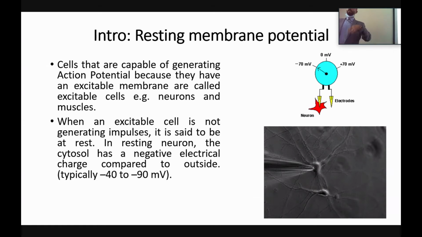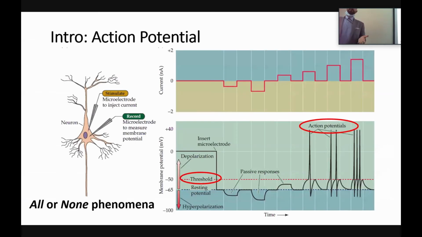These cells are excitable, so they respond to a particular stimulus. They can transiently reverse their membrane potential into more positive values. As you can see here, the resting membrane potential, let's say, is negative 65 millivolts.